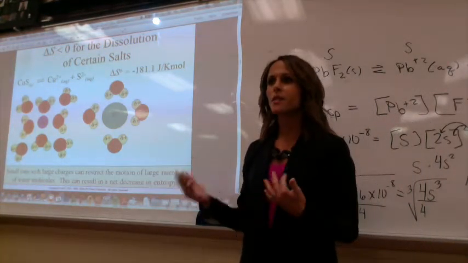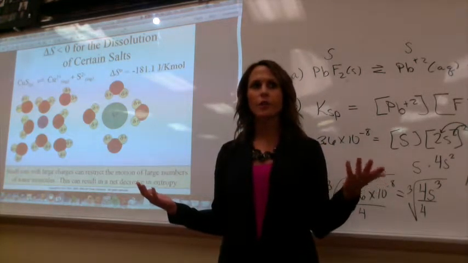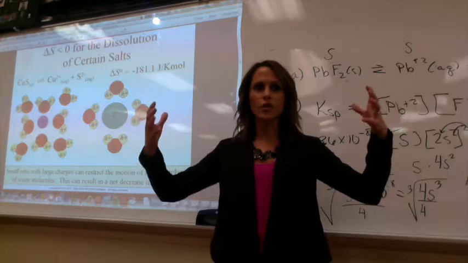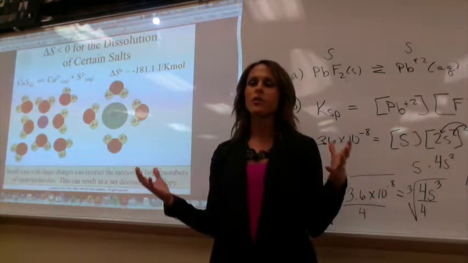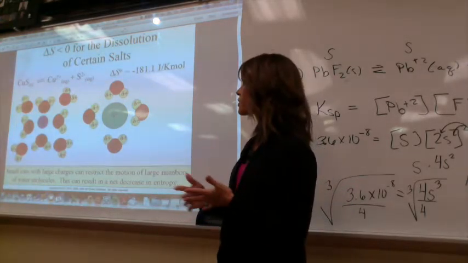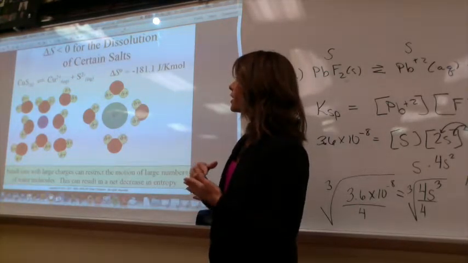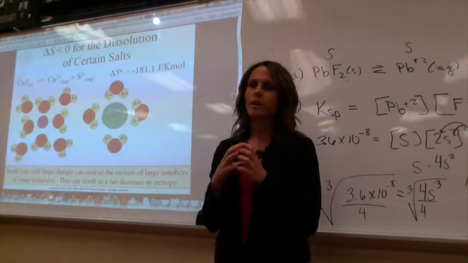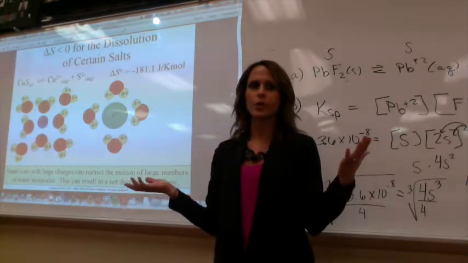And the reason why that's non-favorable, we've talked about this before. Think of it like a football player running around a football field and all of a sudden there's all these other players dragging him down. He's not moving as fast anymore, right? So if you're dragging stuff around with you, it slows you down and then everything else slows down. So if I put copper 2 sulfide in water, the copper 2 is a small, highly positive charge, highly meaning it's either a +2, +3, it could be a +4 charge.